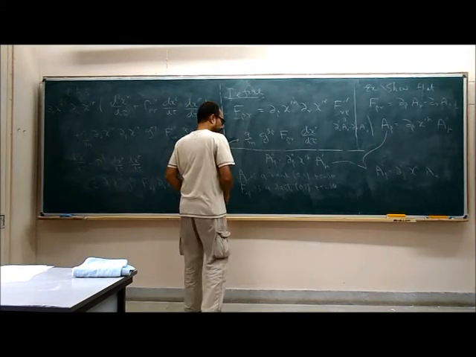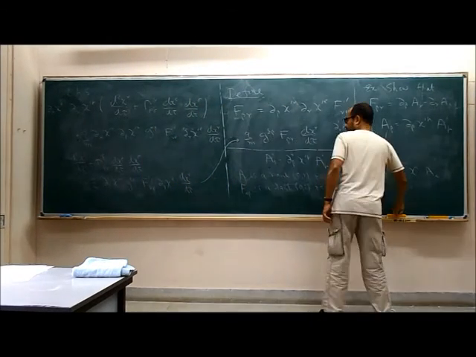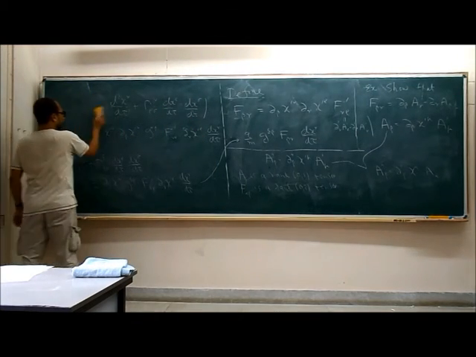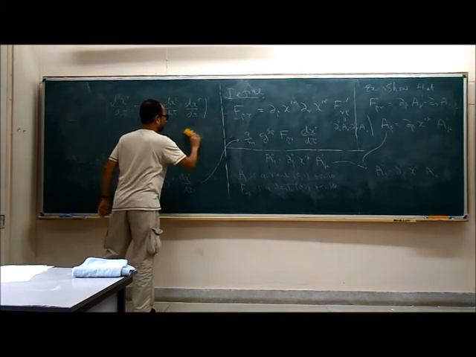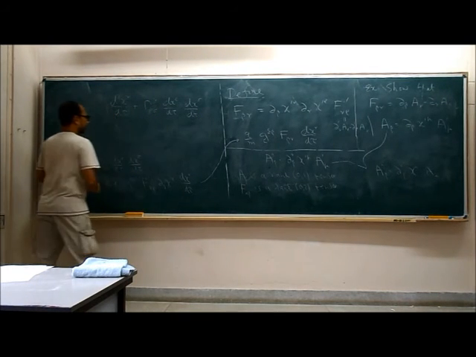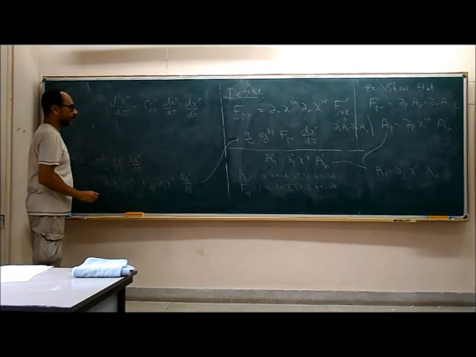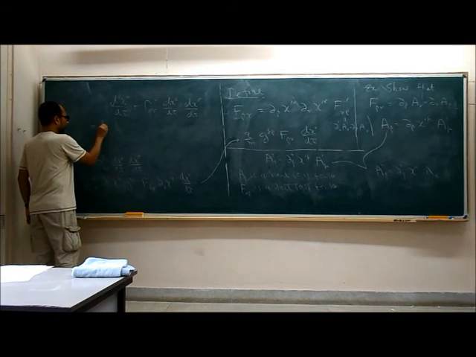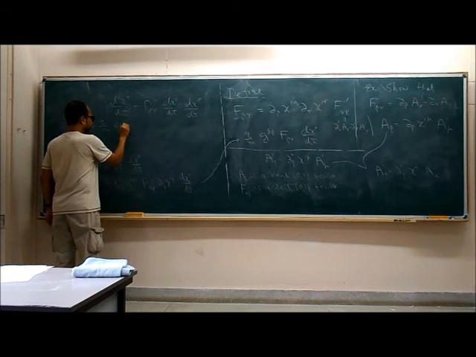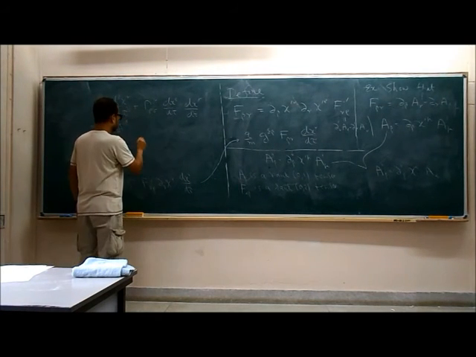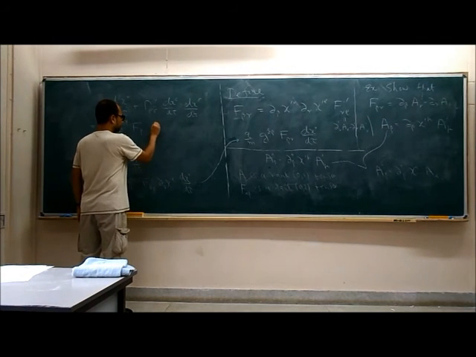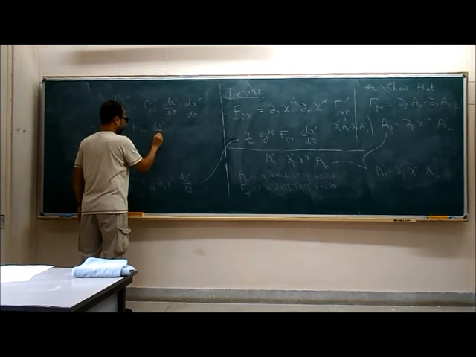So let me write the equation again. The equation of motion of a charged particle in the electromagnetic field will be given by Q over M times G delta beta F beta gamma dx gamma.